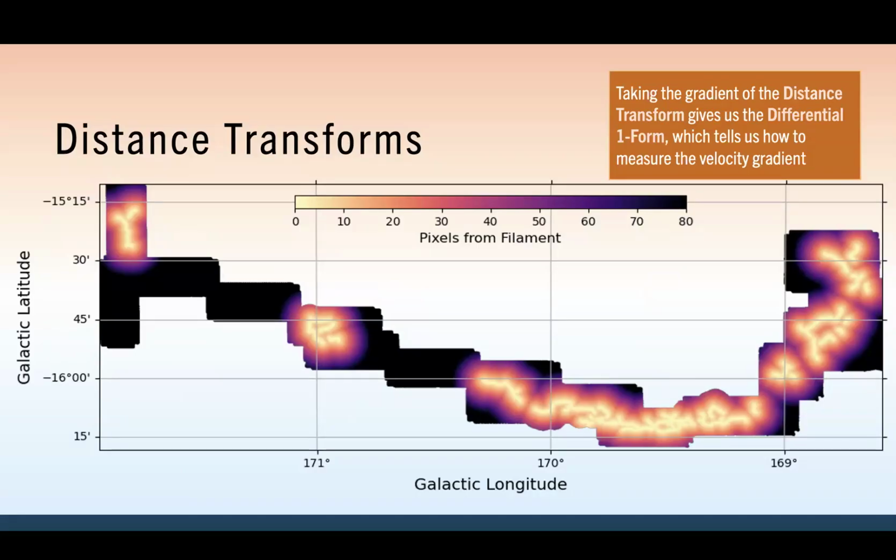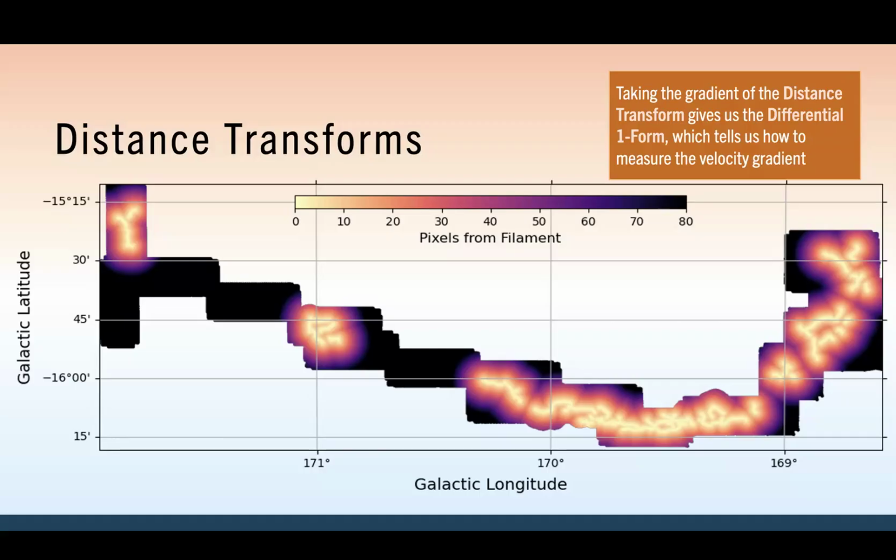So this is a distance transform. You may recognize some of the shapes: I took each of those filaments that I identified using crispy with ammonia, and at each pixel, I looked to see how far away the closest filament was, and then put those numbers in. So it's brightest right along the ridges of each of those filaments and then tapers off.